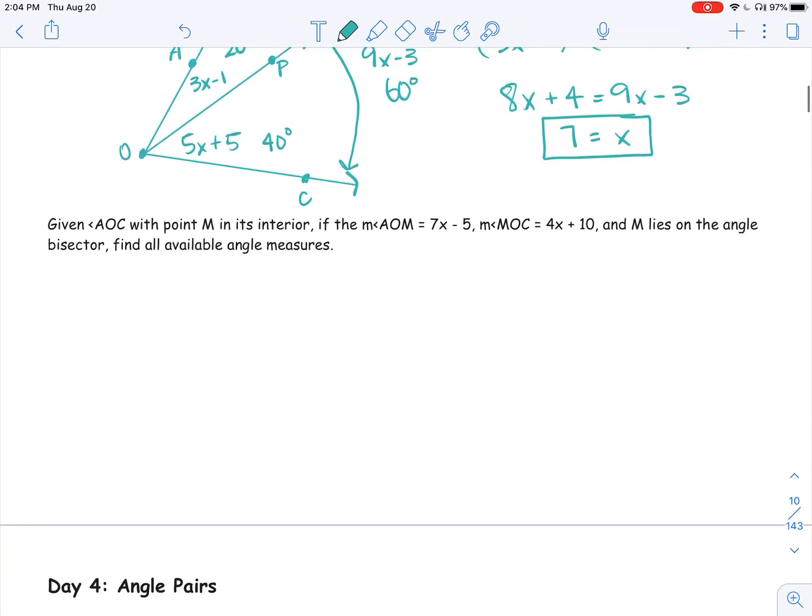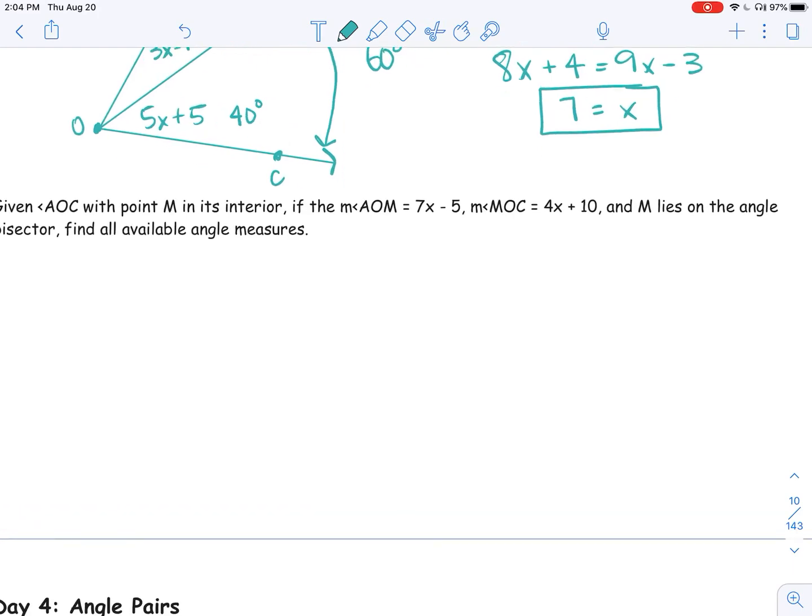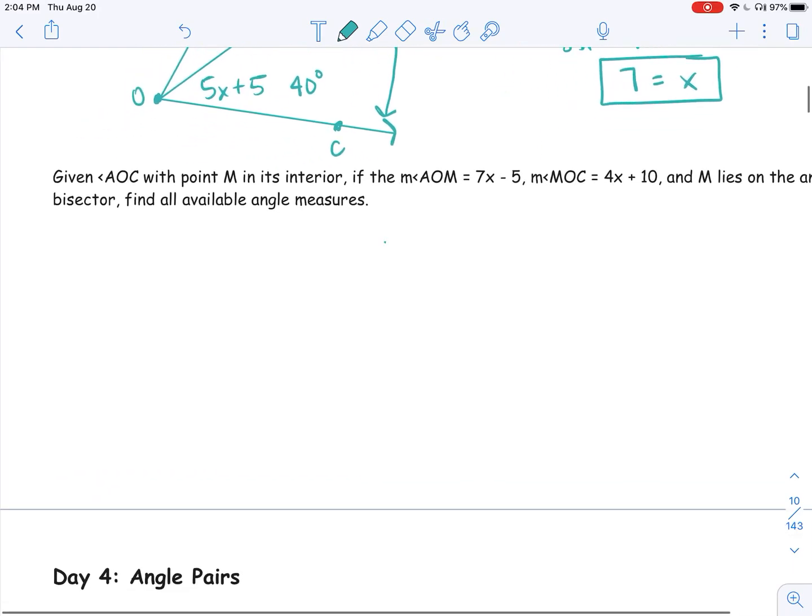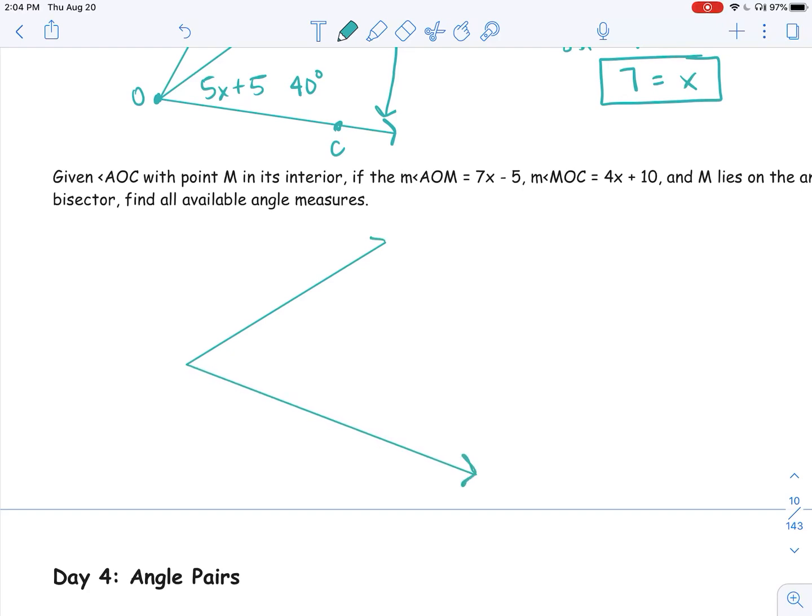The last one, given angle AOC with point M in its interior, it gives all of those and says towards the end that M lies on the angle bisector. So whenever we draw this one, let me get all this listed in here. Here is A, O, and C. And it tells us that M lies on the angle bisector.